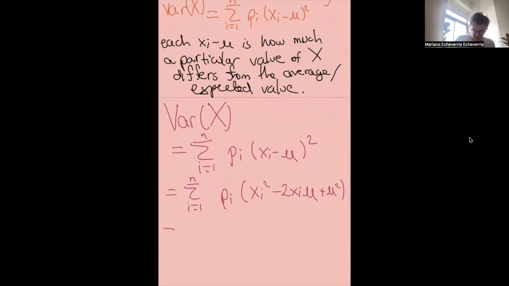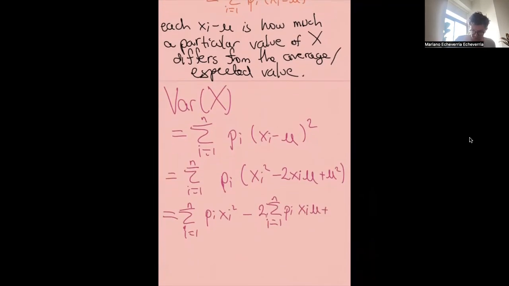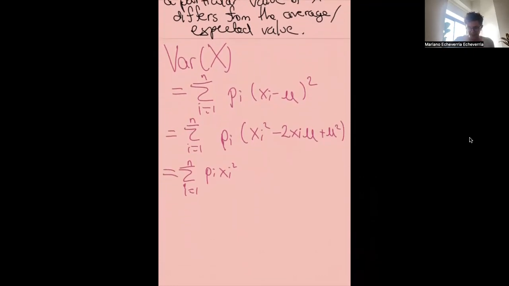Okay, and then you can distribute and separate the sum. So this is the sum from i equals 1 to n of p_i x_i squared, minus 2 times the sum from i equals 1 to n of p_i x_i mu.